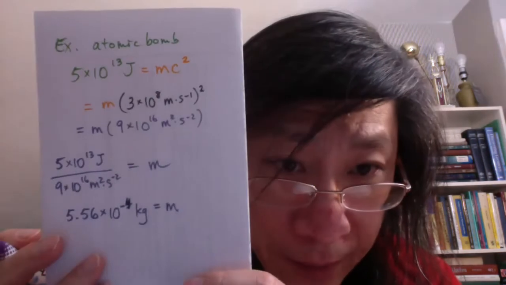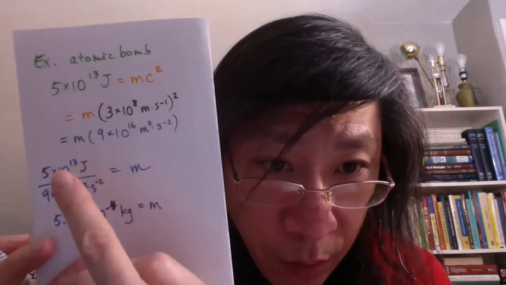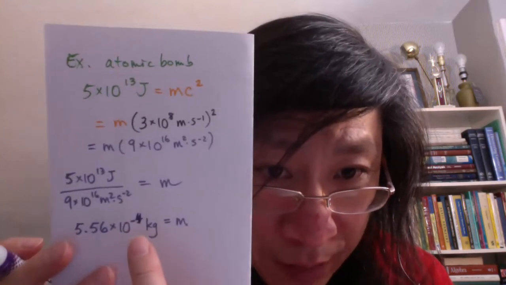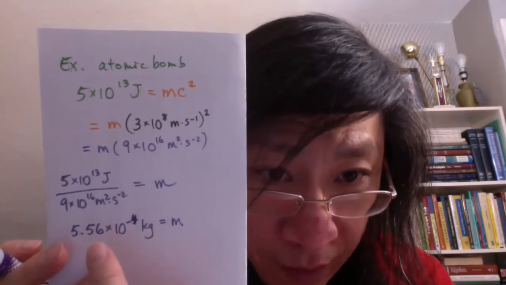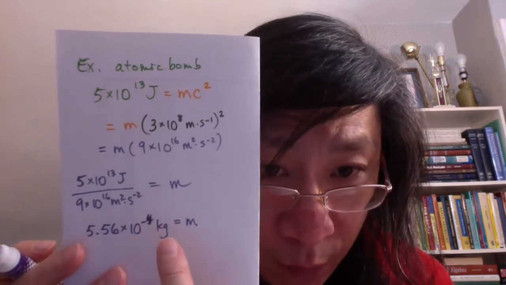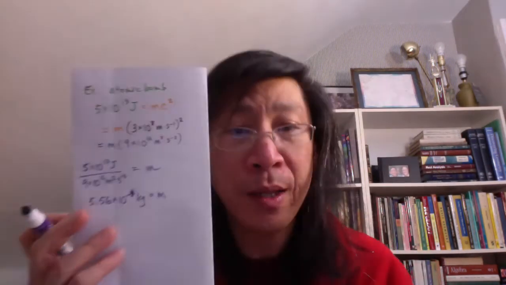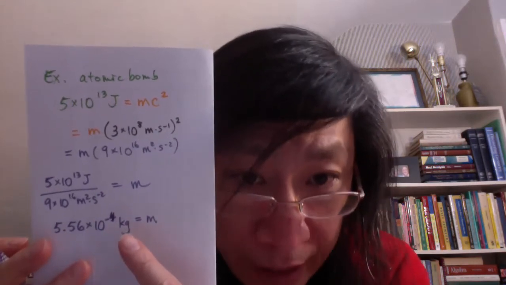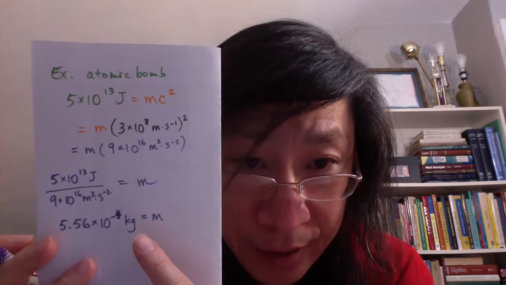Excuse me, 10 to the minus 4 kilograms, like that, right? Because this is 0.555 repeating, of course, times 10 to the minus 3, which means it's 5.555 repeating, or in this case, 5.56 times 10 to the minus 4 kilograms is m. That means it's half of a gram of matter, okay?